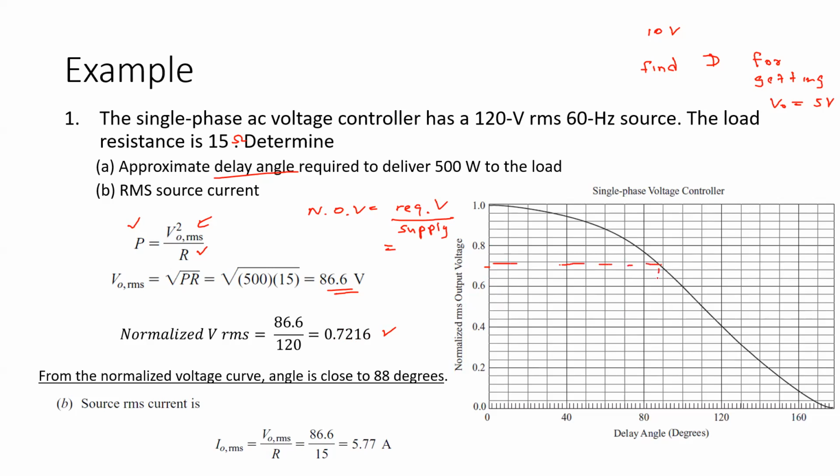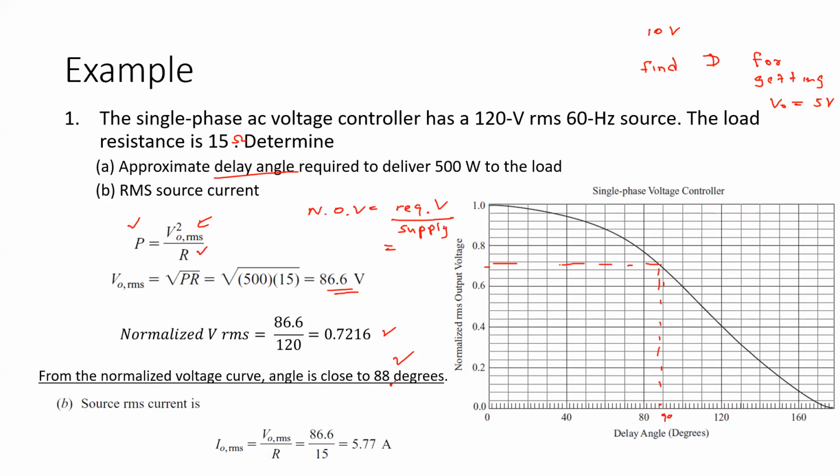Then you check the angle from below. This is 90, so it comes to somewhere around, let's say, 87.5 or 88. So we can say the angle is close to 88 degrees. That's how we find the approximate delay angle.